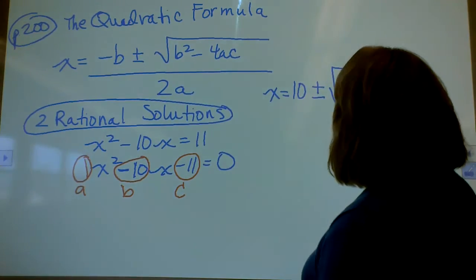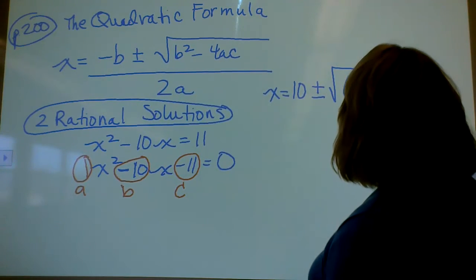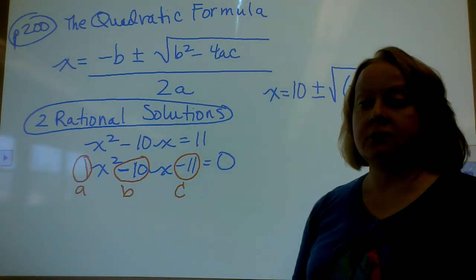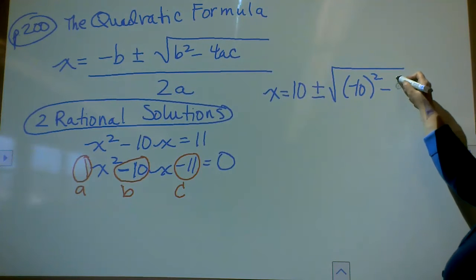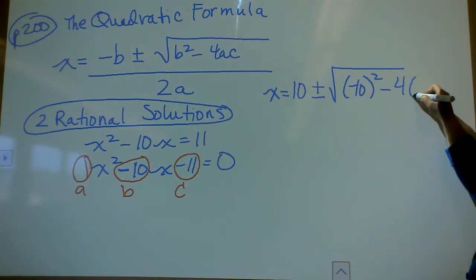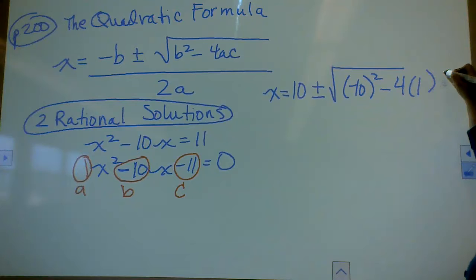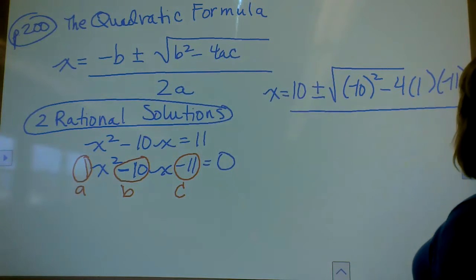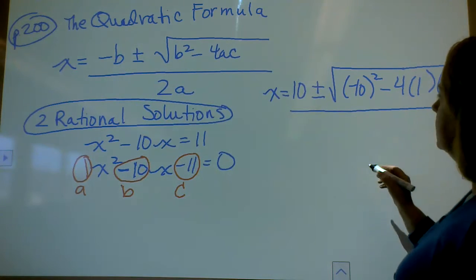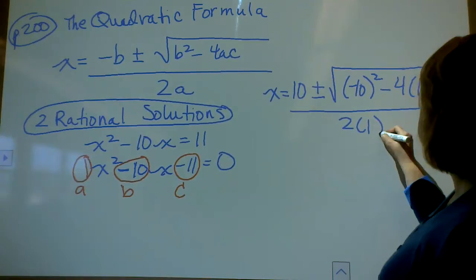We have to add parentheses because it's a negative number, and we're going to square it. So minus 4 times 1 times a negative 11, and then long fraction bar, 2 times 1.